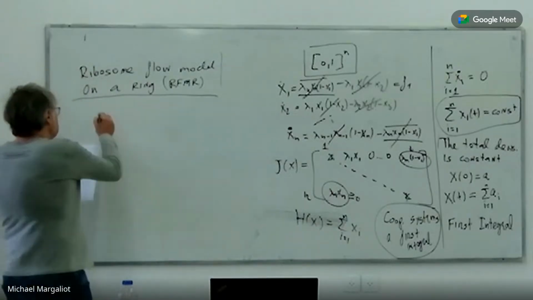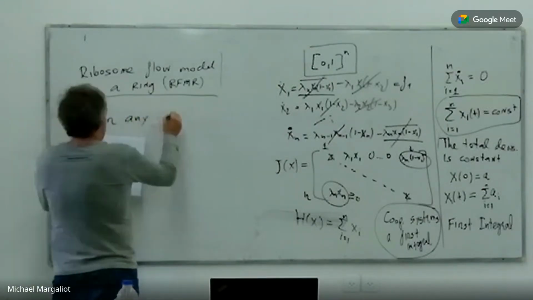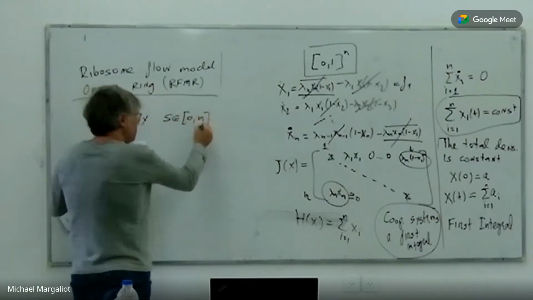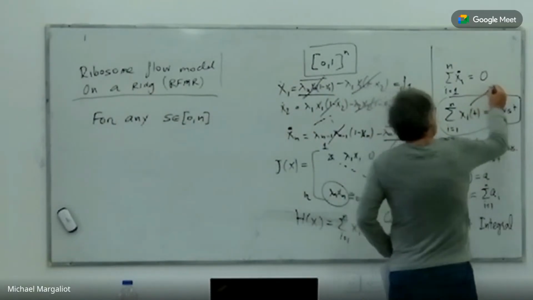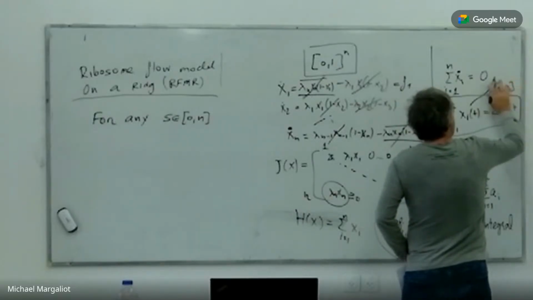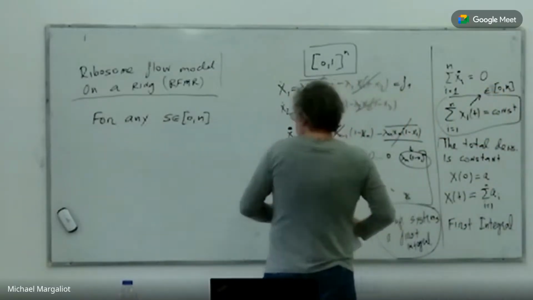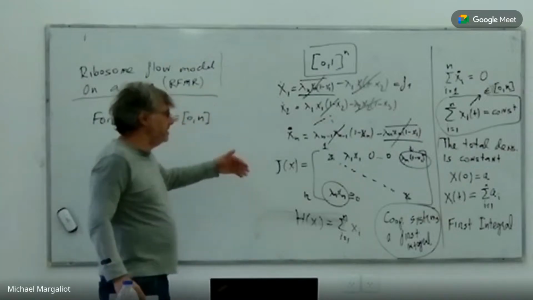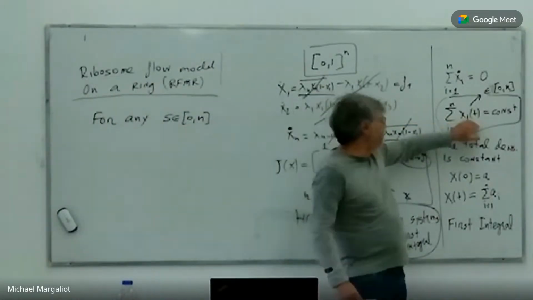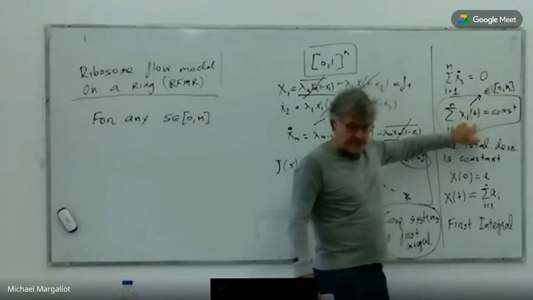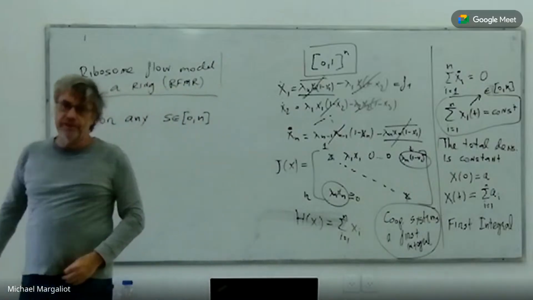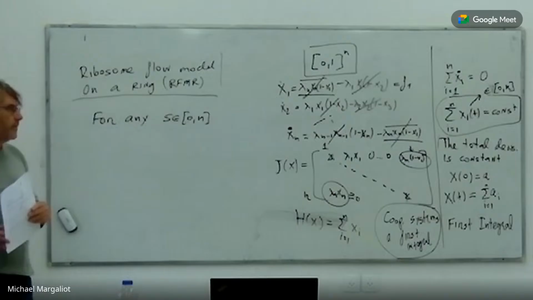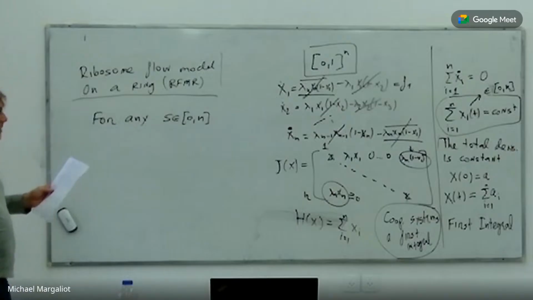Okay. So for any s in [0,n], the total density is this. Total density, of course, is always between 0 and n, because if we start with 0 density in all the sites, then the sum of all the densities is 0. And if we start with all the sites completely full, so there is density 1 in each site, then the total density is n. So the total density is always between 0 and n.